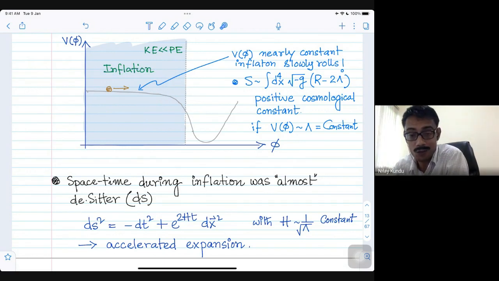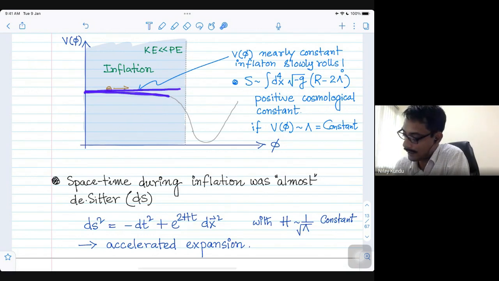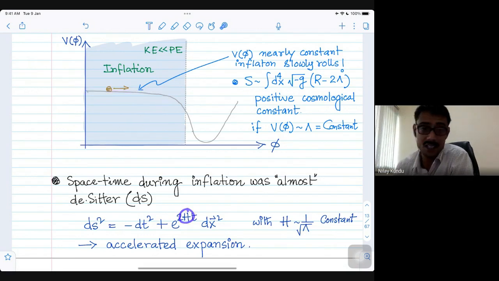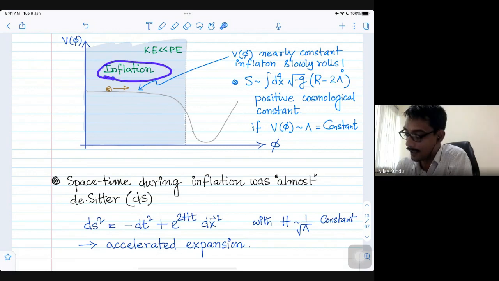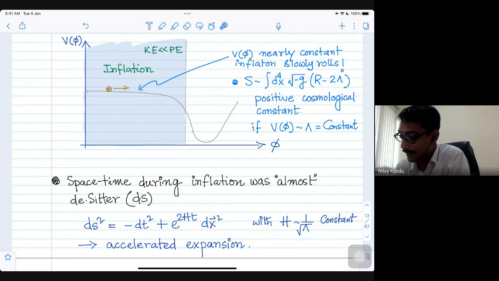Now, why almost? Because, as I said, this potential is not exactly flat. So in a real situation, in inflation, this H will not be a constant. It will vary with time, and that's also needed. Why is that needed?